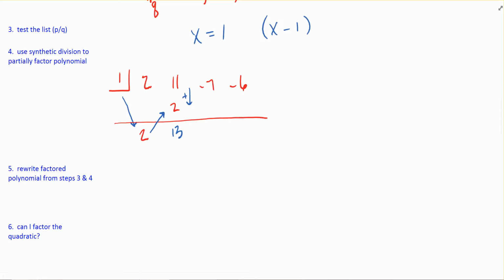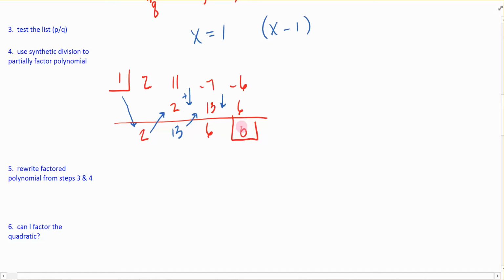Then I come back and I say 1 times 13. Well, that is 13. And then we add straight down, giving me 6. And it's just repeat. 1 times 6 is 6. We add straight down and we get 0. Now, if you don't get a 0 right here, then we've done something wrong. Go back and check your math, but ultimately you want to get a 0 right here.